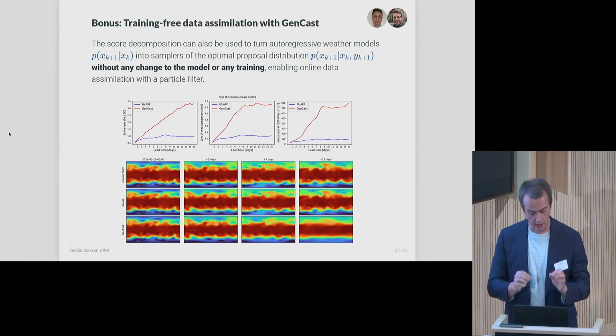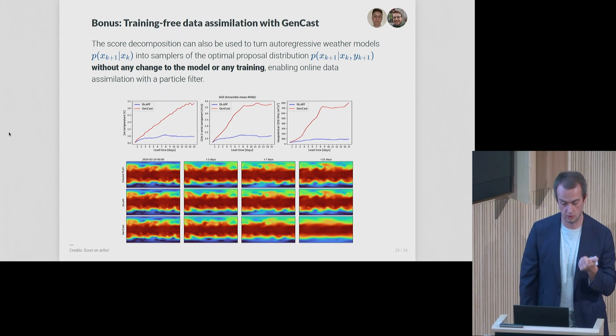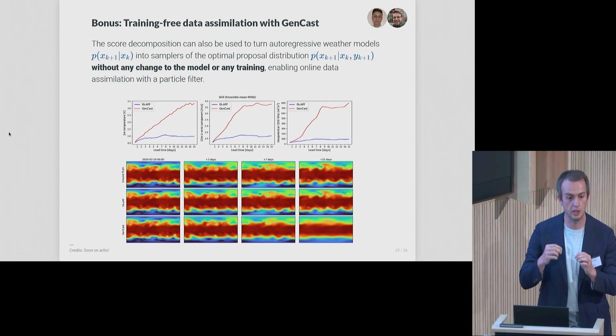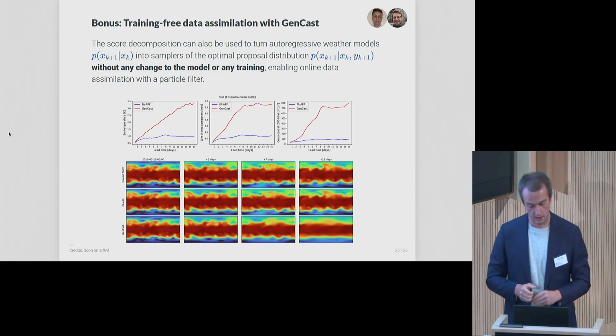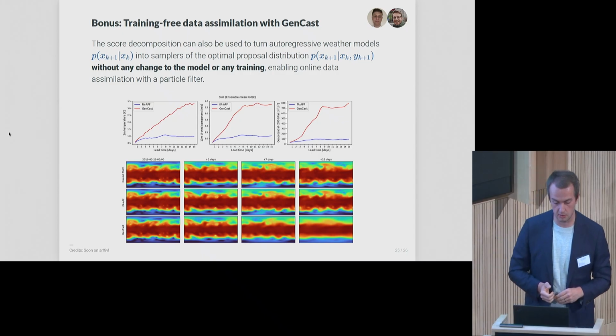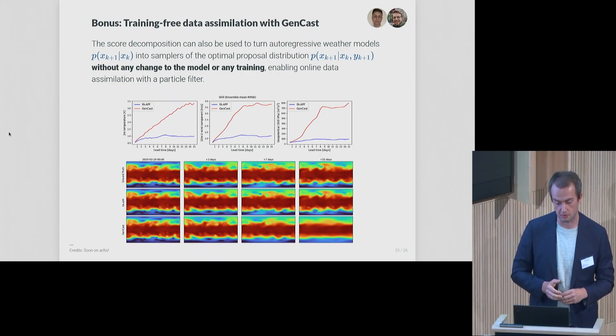We can do that because we have the prior, which in this case is the transition model, and we know the relationship between the state and the observation, so we can combine the two. And now that we can sample from this distribution, we can plug that into a particle filtering algorithm and actually do online data assimilation with a pre-trained model.